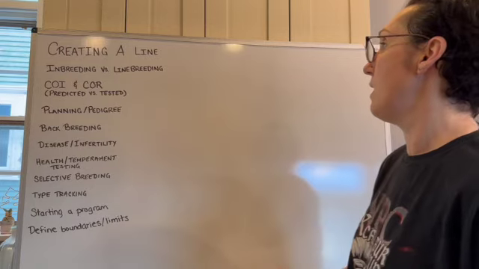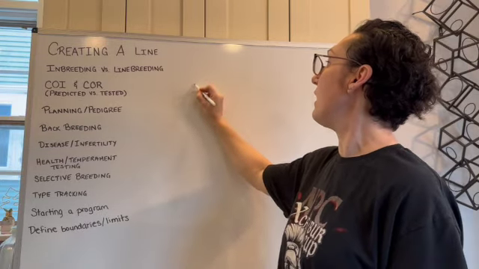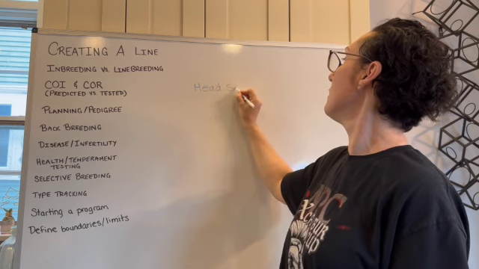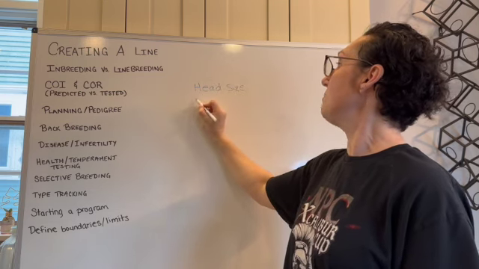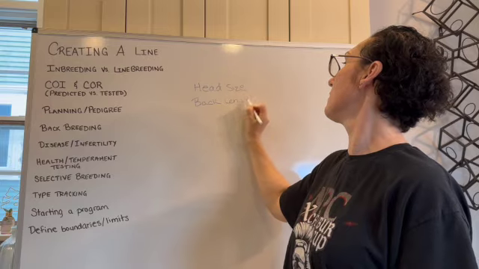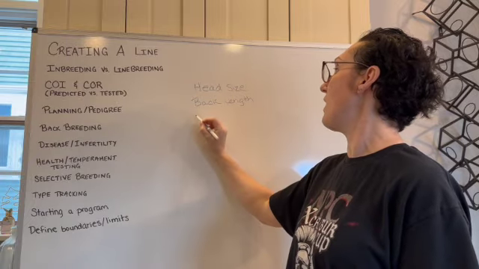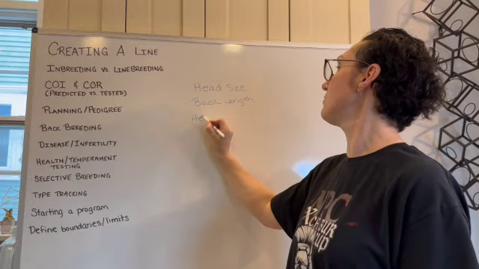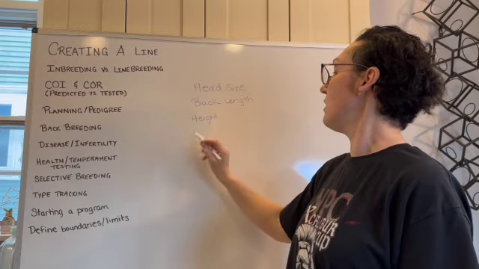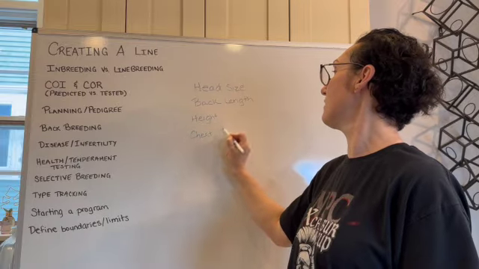So maybe you want to make yourself a form and you want to look at head size. You want to look at back length. You want to look at height to the withers. You want to look at chest size.